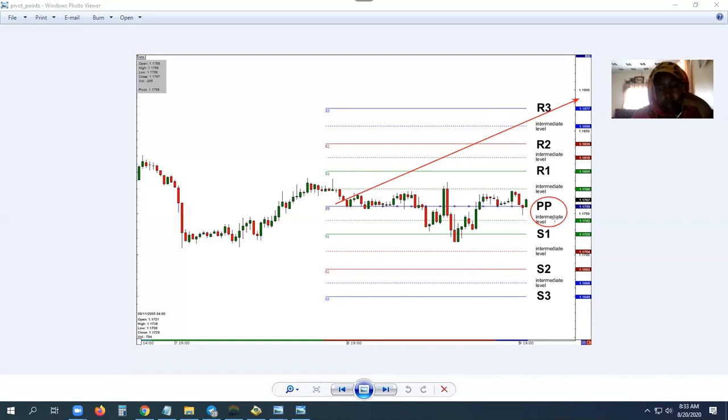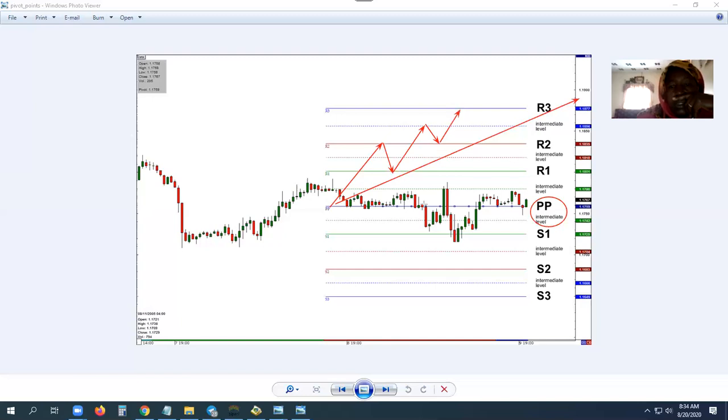Now that we know the market is above our pivot point and this is an uptrend, what we need to do is wait for the market to break resistance 1, come back to it and give us a signal, then we buy. So we are trading in the direction of the uptrend. Then for resistance 2, you may want to wait for the market to go up and break resistance 2, come back to it as support, and if it gives you a buy signal, you buy again.